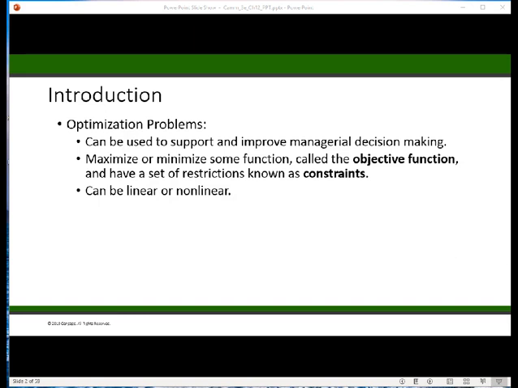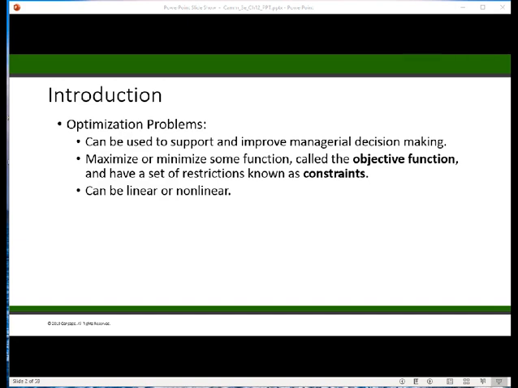The type of applications that we might see them in: manufacturing, you're going to minimize total production and inventory costs. Financial analysts might use them to maximize the return on a portfolio. A marketing manager might allocate a fixed advertising budget to maximize the reach out to customers, potential customers.